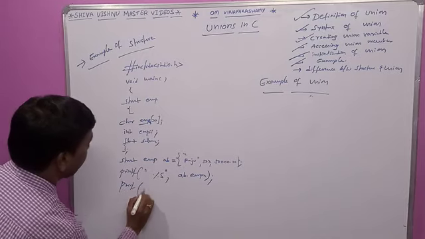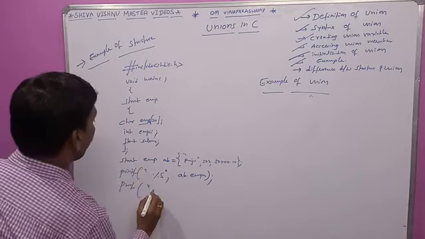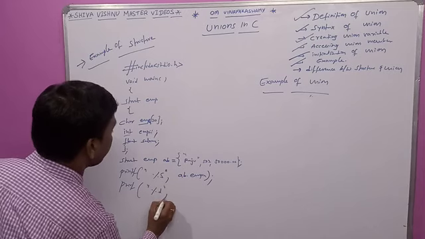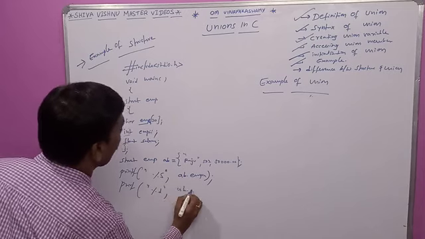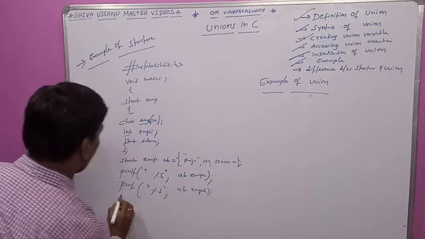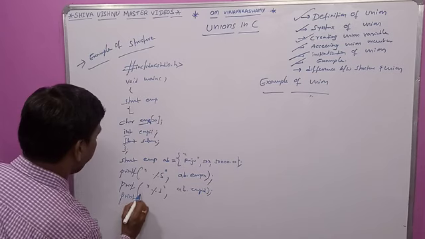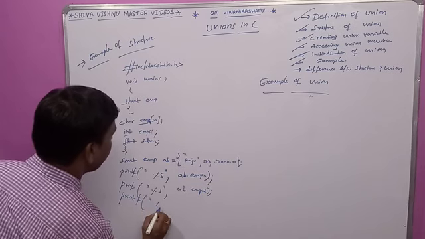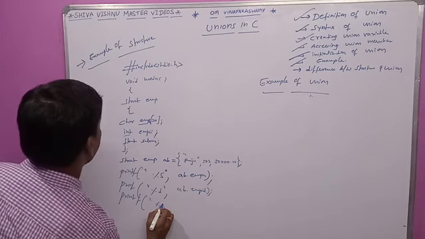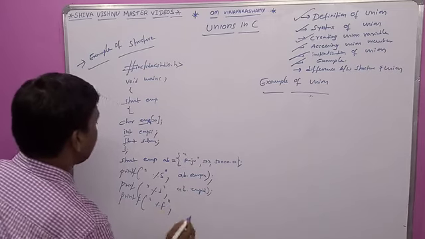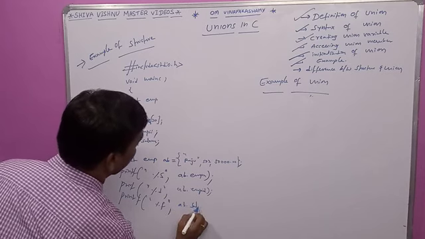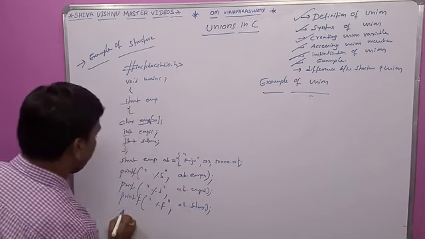Printf: this is an integer type, so percentage d comma ab dot emp id, close, semicolon. Printf percentage f is a floating point, ab dot salary, close, semicolon.